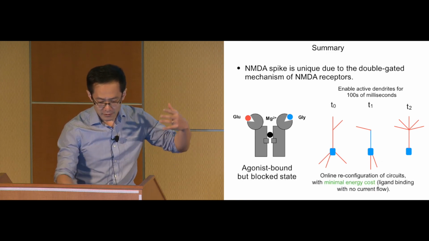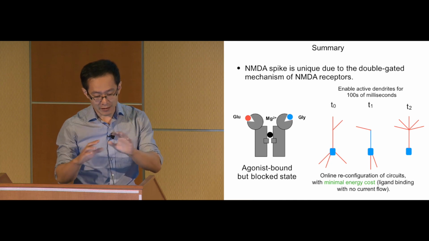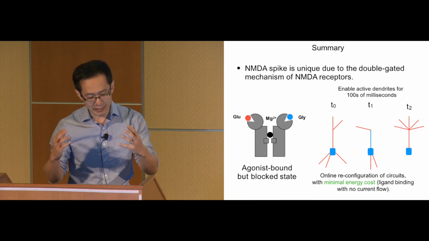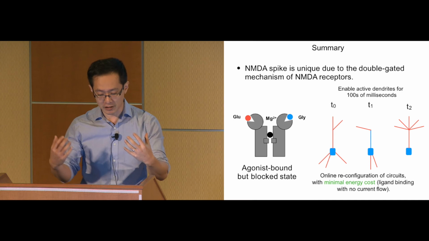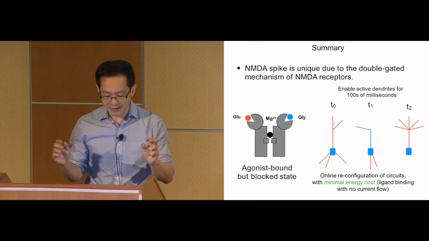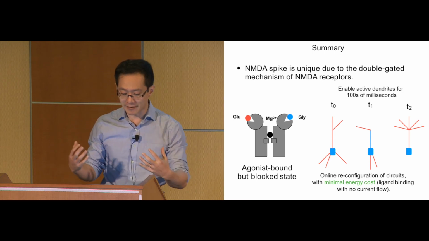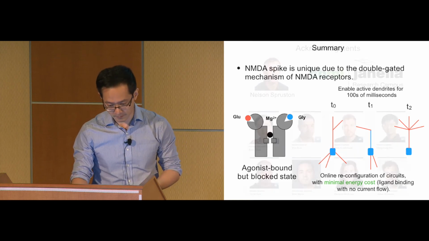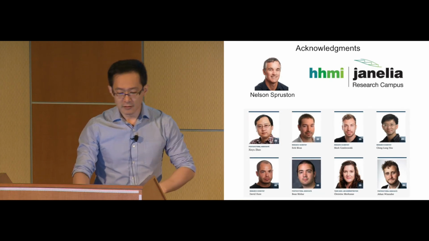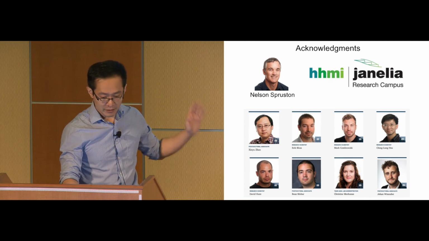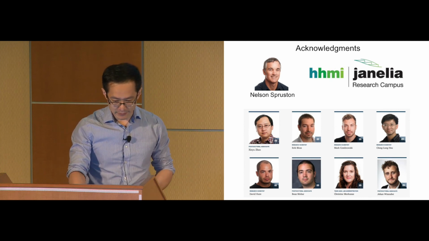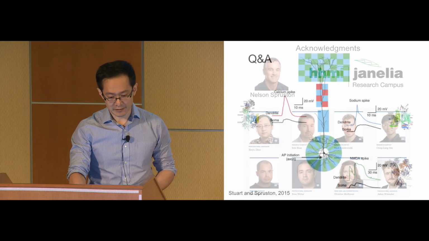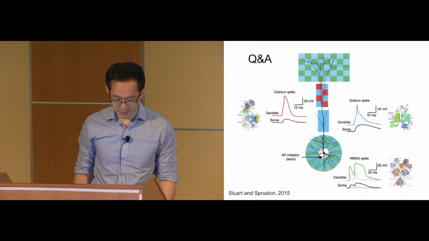So NMDA spikes and glutamate release can really do online reconfiguration of circuits with minimal energy cost, because it only requires ligand binding and minimal current flow. With that, I want to thank my advisor and my lab mates, and I want to thank you for your attention, and I won't take any questions.